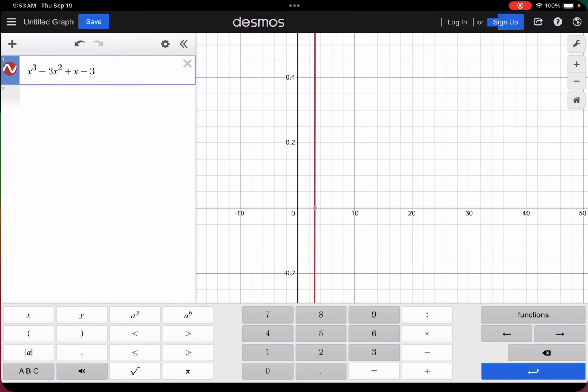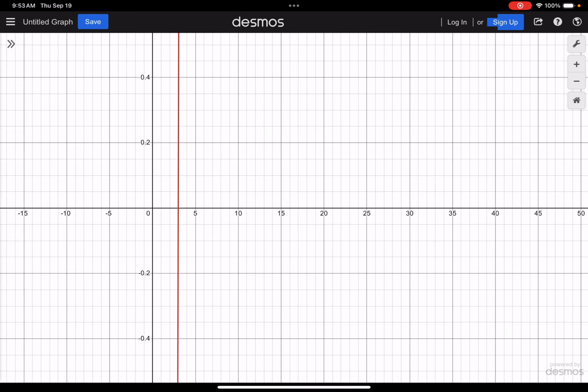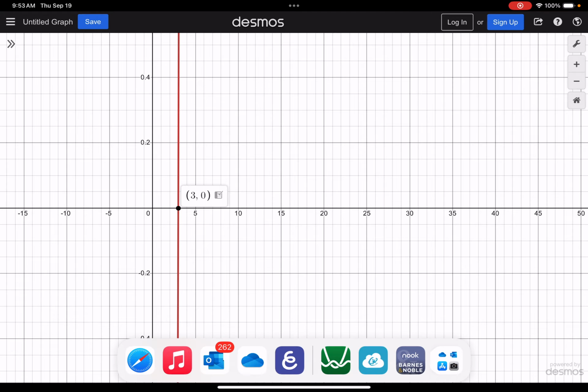When I look at this graph, I only see one real solution. It only crosses the x-axis one time, at the point 3, 0. So x equals 3 is a solution.